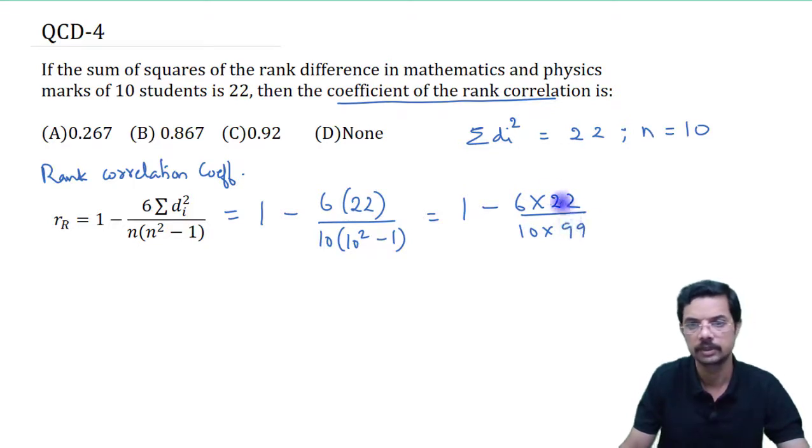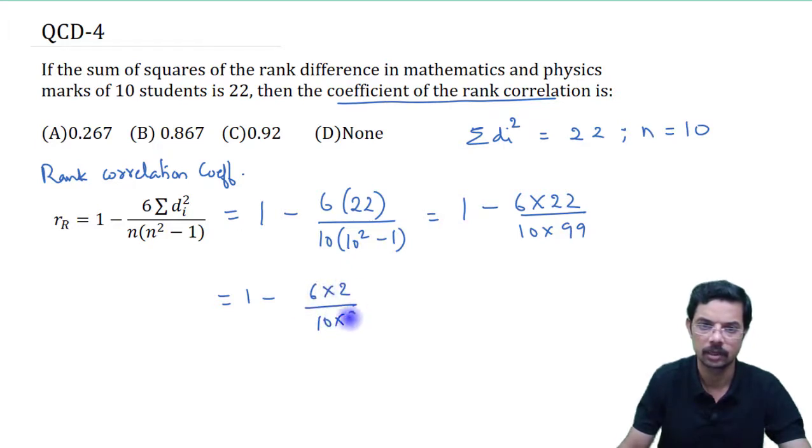We can simplify this by 11: 11 2s are 22 and 11 9s are 99. So this becomes 1 minus 6 into 2 divided by 10 into 9. We can further simplify.